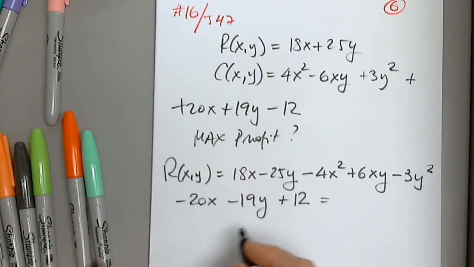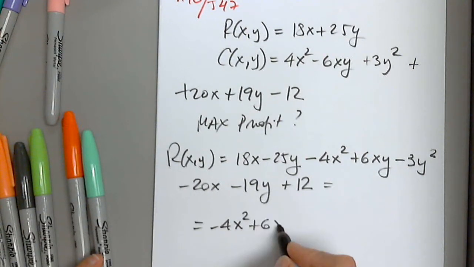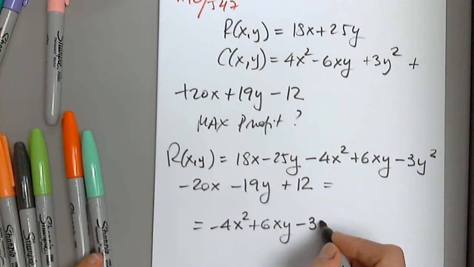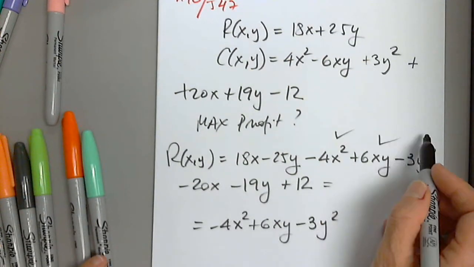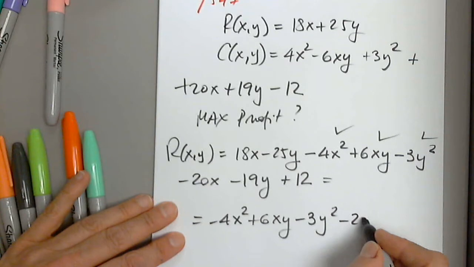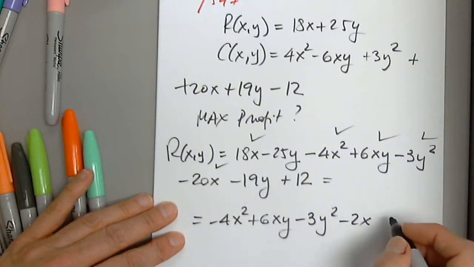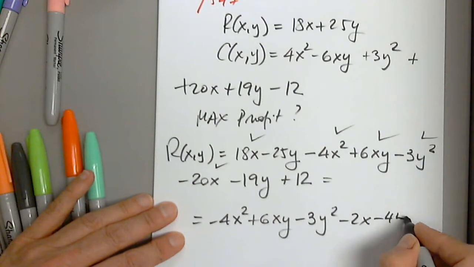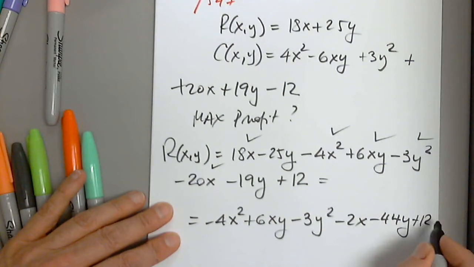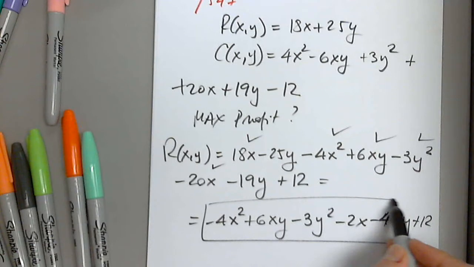So I will write negative 4x squared plus 6xy minus 3y squared. So just these 3 terms for now. And this is minus 2x, done. And this is minus 44y and plus 12. This is the profit function.